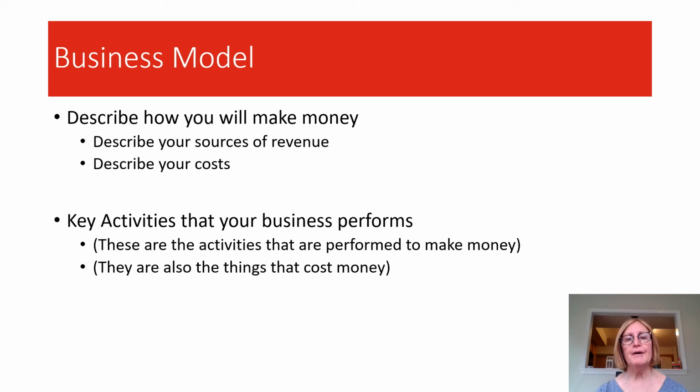Both of these require estimates for your business model and for this presentation. The money coming in, you estimate based on the unit of sales and the amount of sales, the amount of units you think you can sell, whether it's service or product. And your costs are estimated based on the key activities that your business performs.